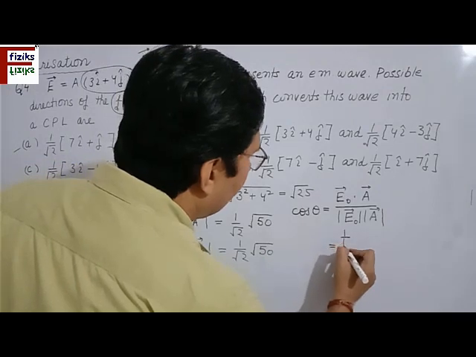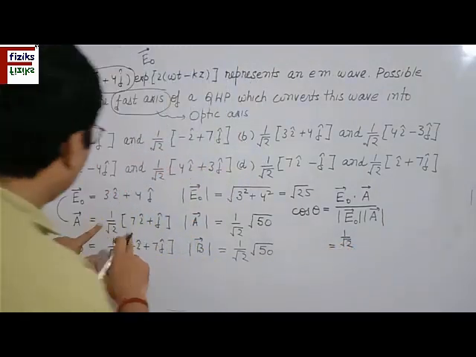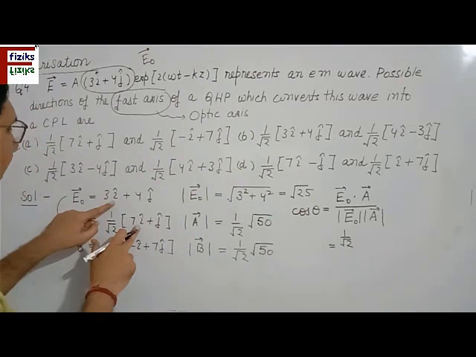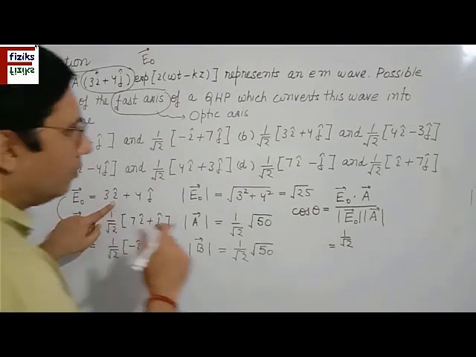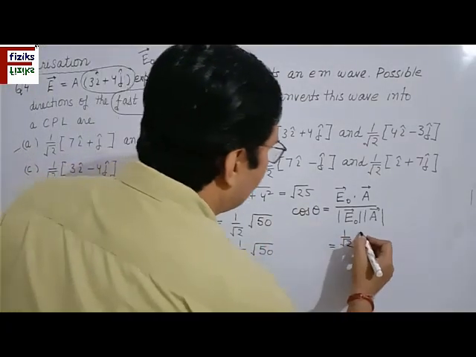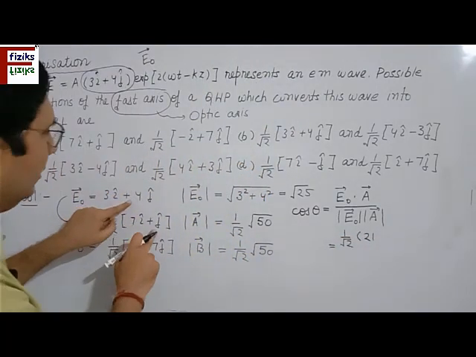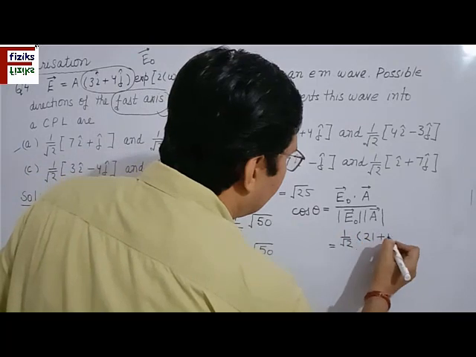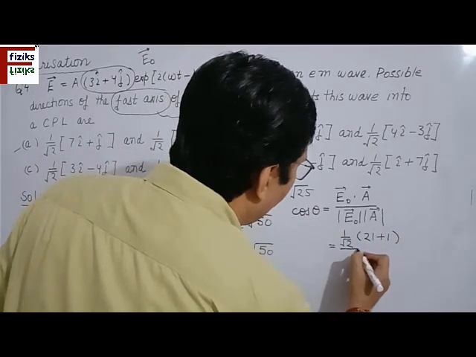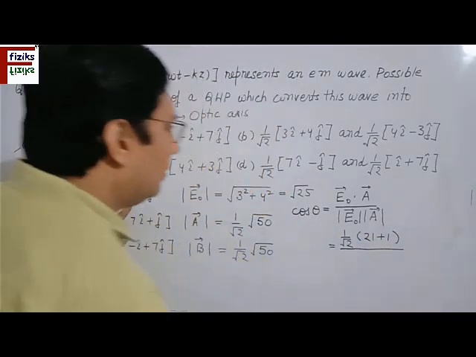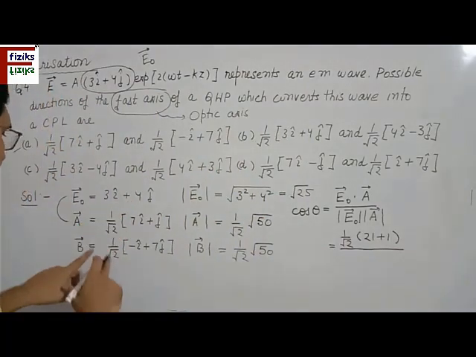I cap dot I cap, this will be 3 into 7, that is 21, and 4 into 1, this will be 4. So this will be 25.